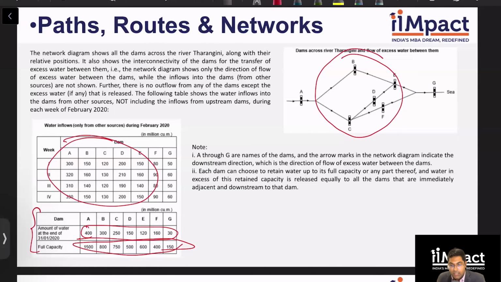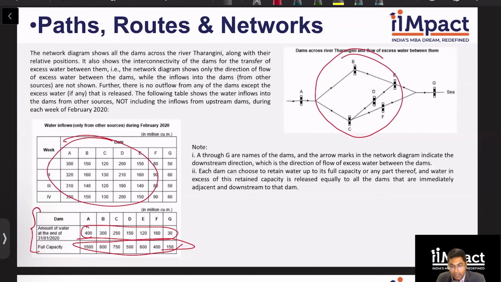That A through G are the names of the dams, and the arrow marks in the network diagram indicate the downstream direction, which is the direction of flow of excess water between the dams. And each dam can choose to retain water up to its full capacity or any part thereof, and water in excess of this retained capacity is released equally to all the dams that are immediately adjacent downstream to that dam.